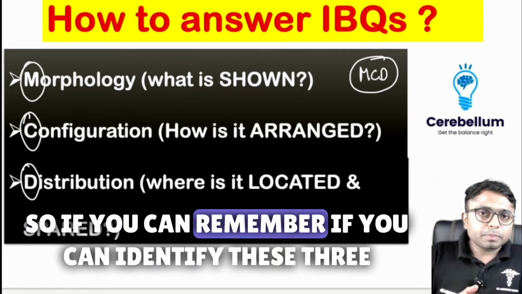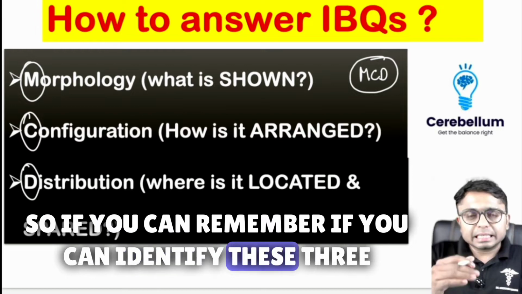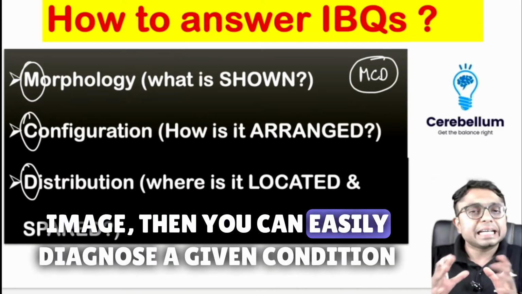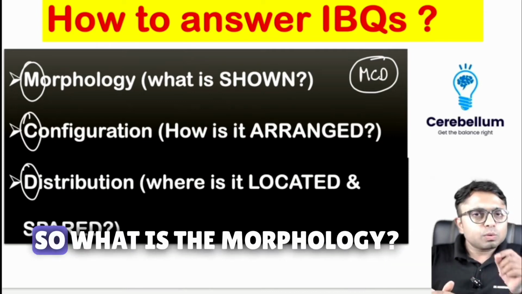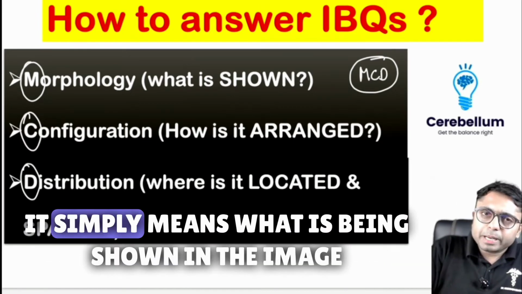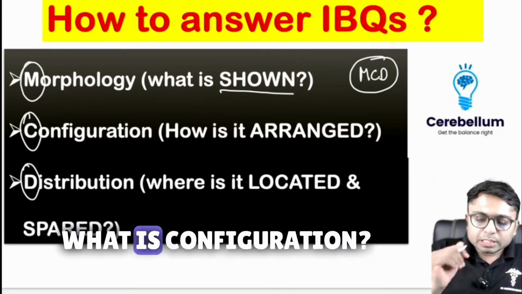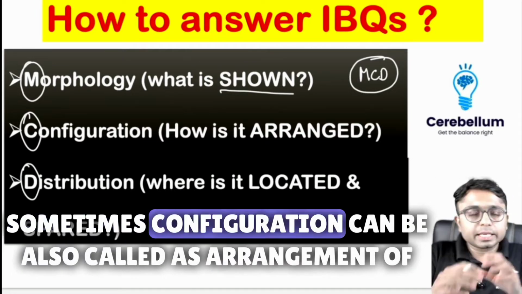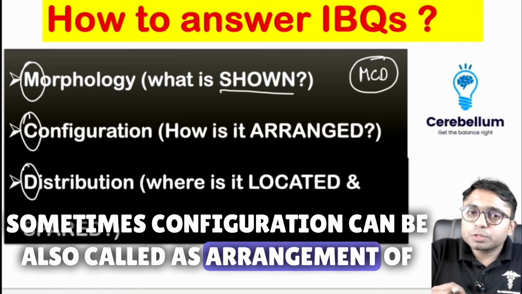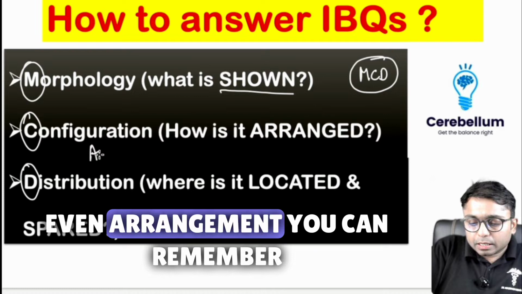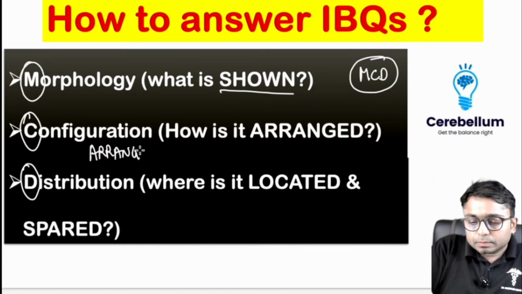If you can identify these 3 points which are mentioned in the question along with the image, then you can easily diagnose a given condition. So what is morphology? It simply means what is being shown in the image. What is configuration? Sometimes configuration can also be called the arrangement of the lesion. So instead of configuration, you can even remember arrangement.